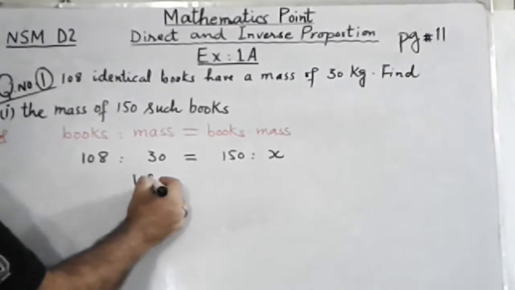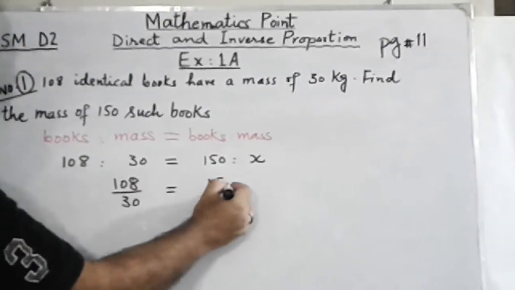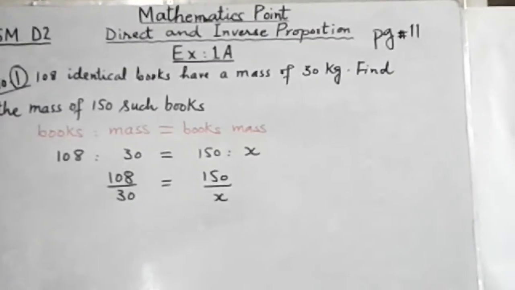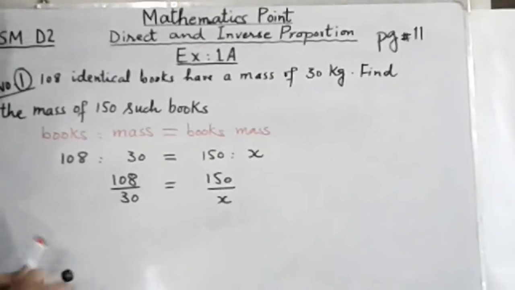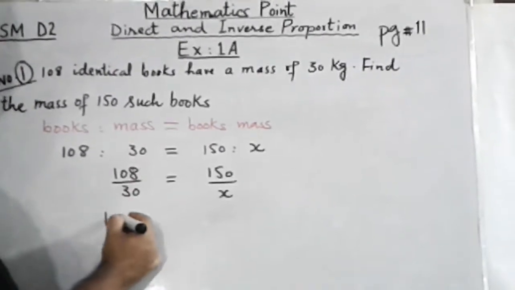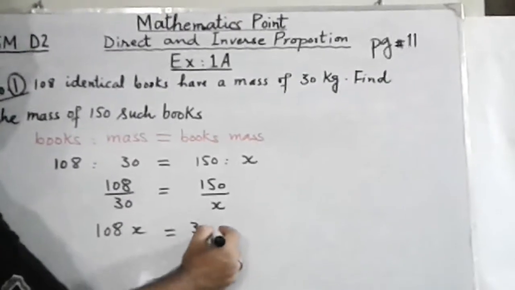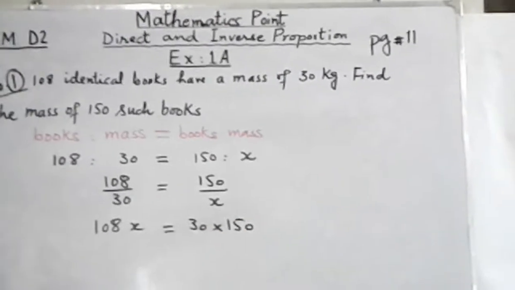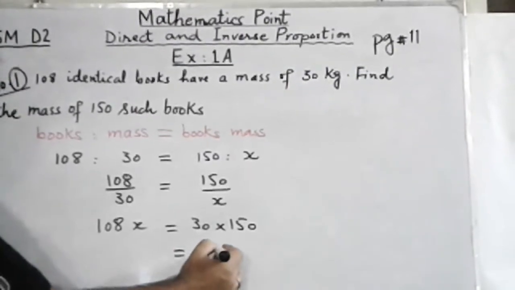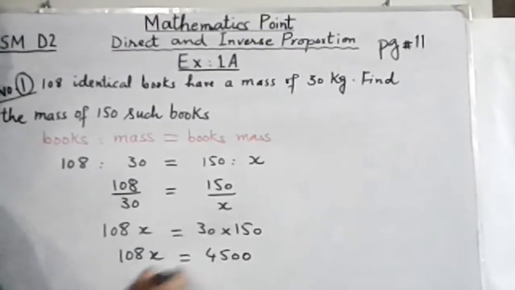So 108 over 30 is equal to 150 over x. Now cross multiply. When we cross multiply, 108 is multiplied by x. So we write 108x is equal to 30 multiplied by 150. Now 30 into 150 is 4500. Here we have 108x is equal to 4500.